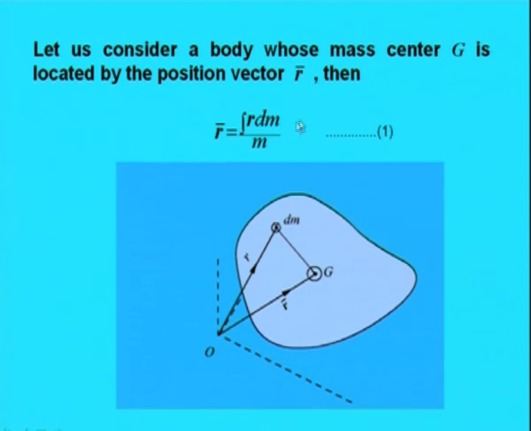So this is the equation of the mass center, which we have integrated. This is based on the continuum hypothesis. We assume that the whole body is a continuum. There are no voids in between the particles. That is our assumption, and we have been able to integrate.